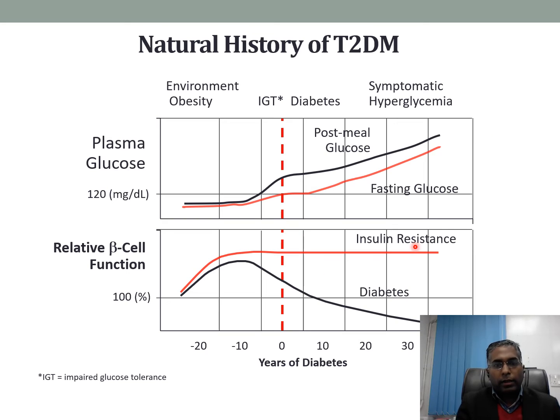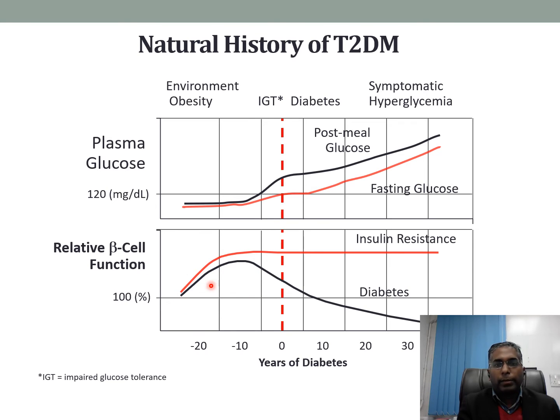So this table shows the natural history of type 2 diabetes mellitus, as we already saw in the previous slides also. Zero shows the development of diabetes. Prior to that, there is the occurrence of impaired glucose tolerance, and as we can see, before the development of diabetes, beta cell function is normal, on the order of 100%.